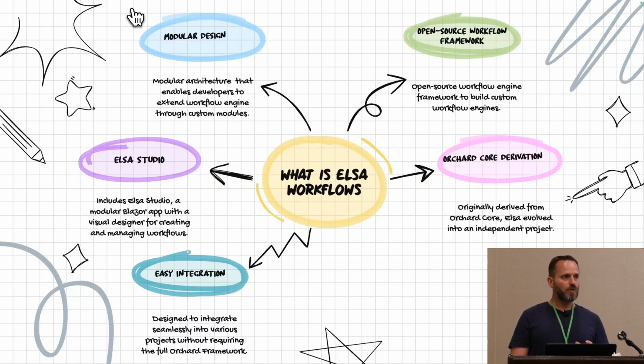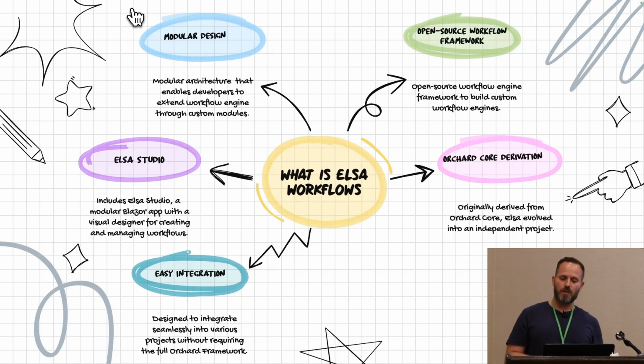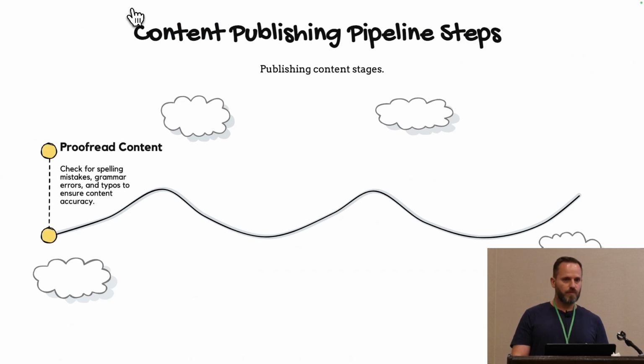All right, so this talk is called hyperproductivity. So what does that mean in the context of Orchard? So imagine you are a content manager, and as a content manager, there's maybe a bunch of tasks that you are responsible for. So for example, you receive an article and you need to proofread it.